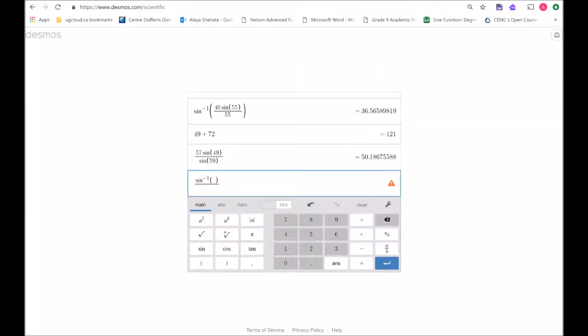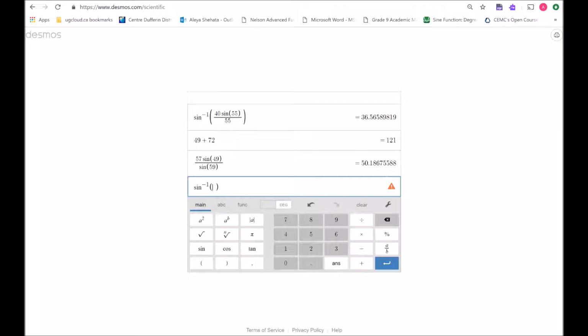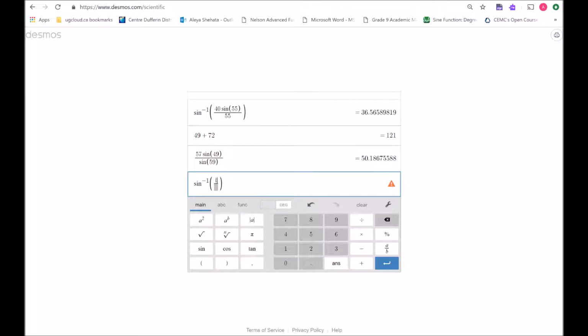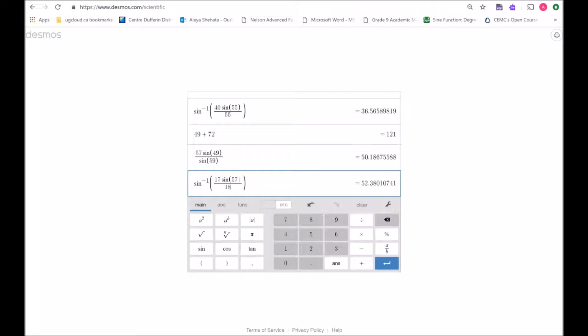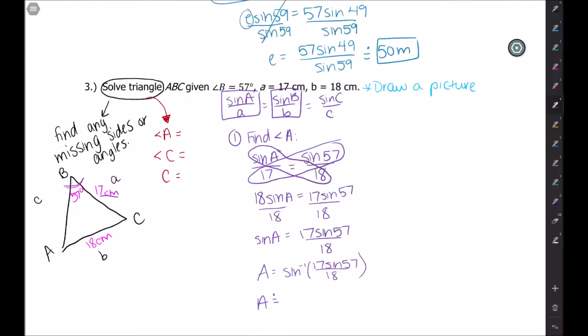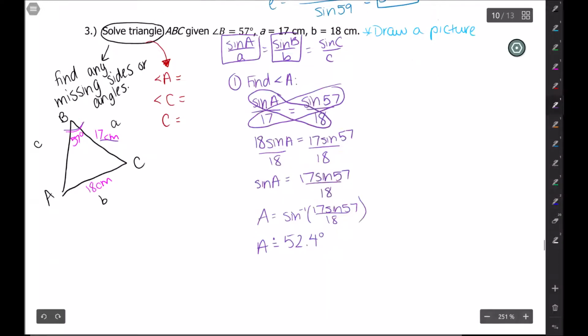Make sure you're in your bracket for that to work for you. 17 times the sine of 57 all over 18, and I end up getting 52.4 degrees approximately. So here I'm going to write 52.4 degrees for angle A, and I'm going to write it up here as well.